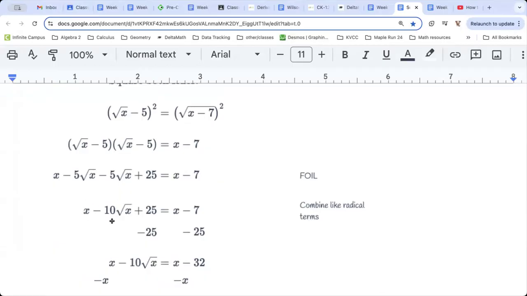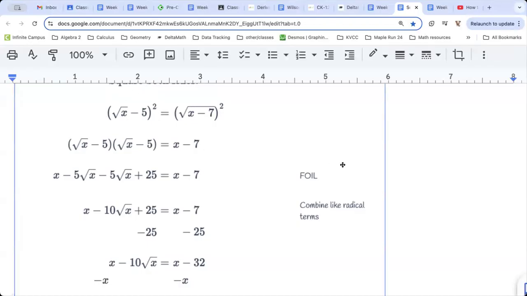The middle part, 2ab, what does that mean? It's just 2 times a, then times b. So it's -10 square root of x. And again, I put a link for another video I did that shows exactly how to take care of those perfect squares involving square root of x.